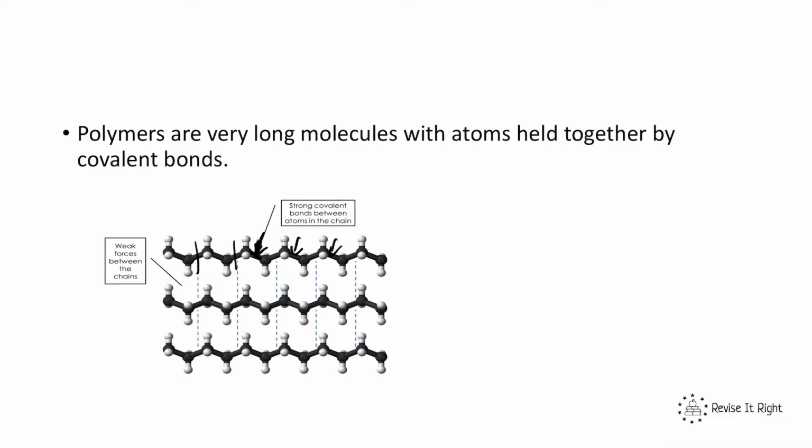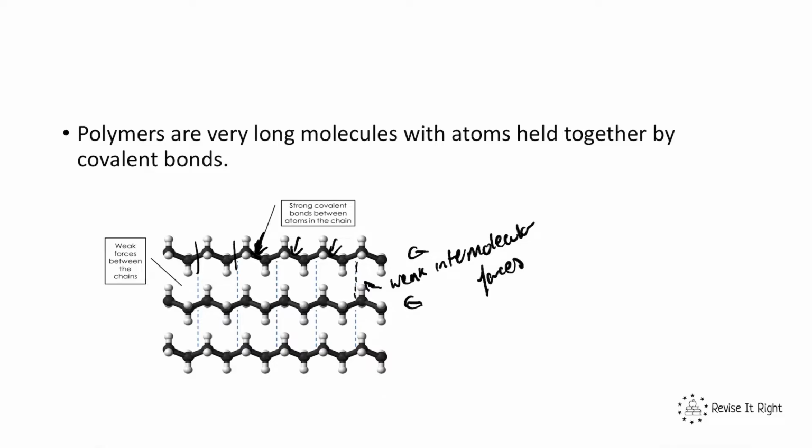However, the molecules, so this molecule here and this molecule here, are held together by intermolecular forces, which are these dashes here. Just like with our simple molecular substances, these are weak intermolecular forces.